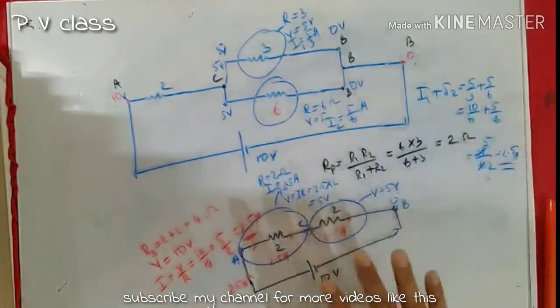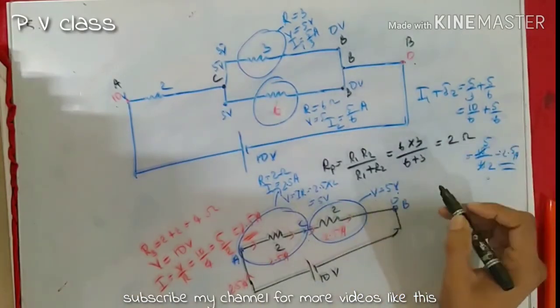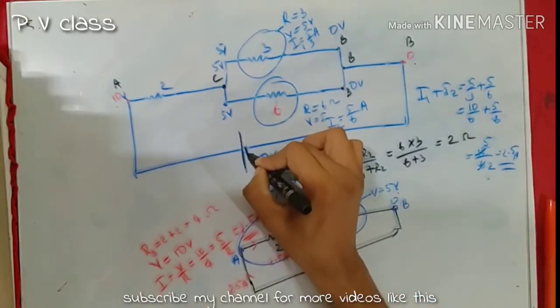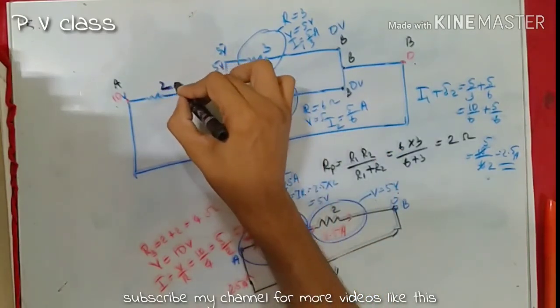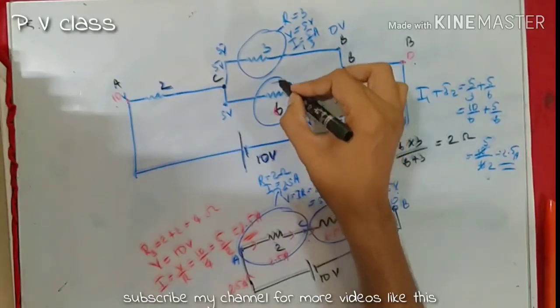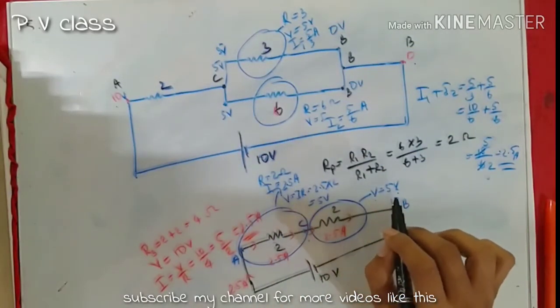Therefore, after solving this complete circuit, let me make some conclusions. We were having a 10-volt battery. It was connected to a 2 ohm resistor, 6 ohm resistor, 3 ohm resistor as in our circuit diagram.